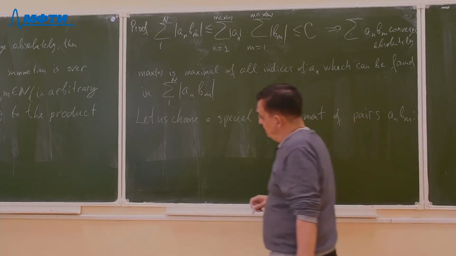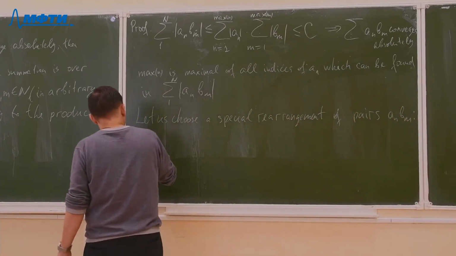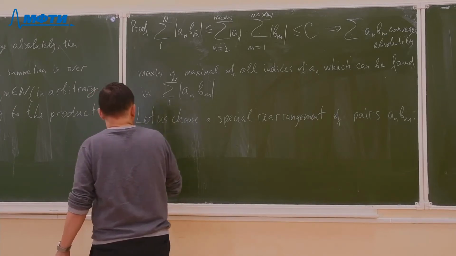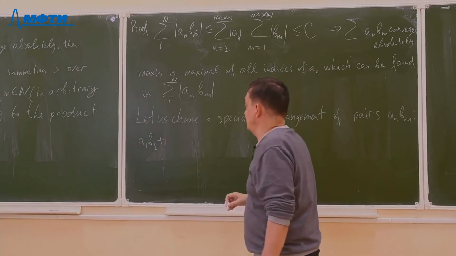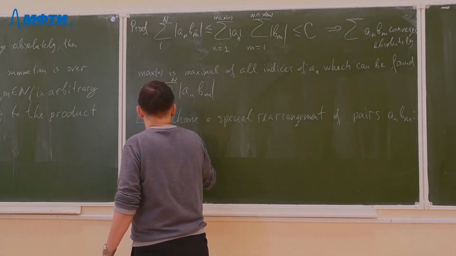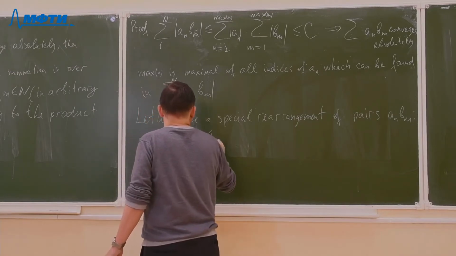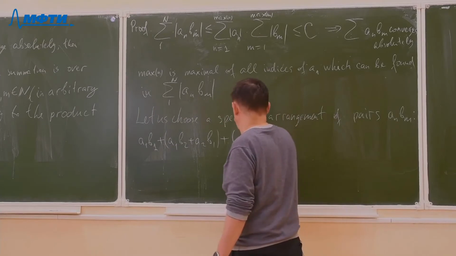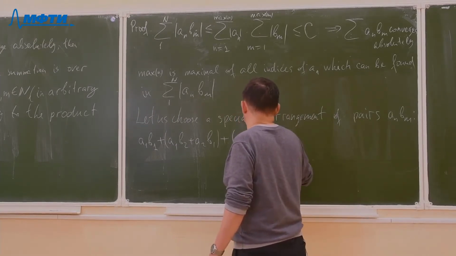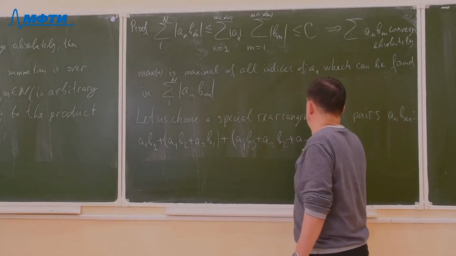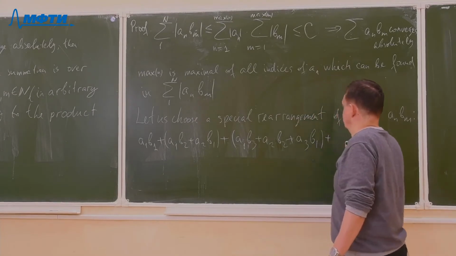So, what I want to do, I want to consider the following. We start with A1 B1, then we choose A1 B2 plus A2 B1. Next, we choose A1 B3 plus A2 B2 plus A3 B1, and so on.